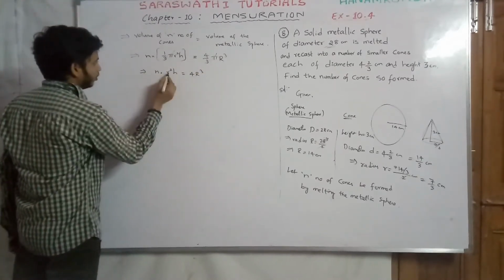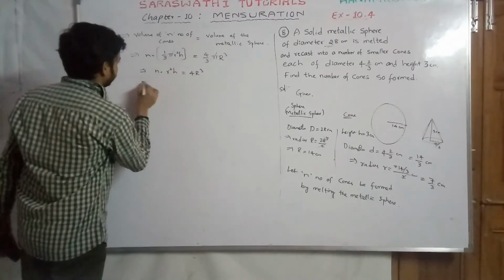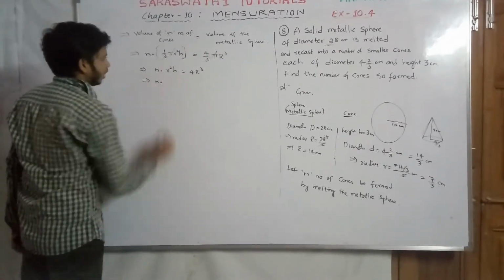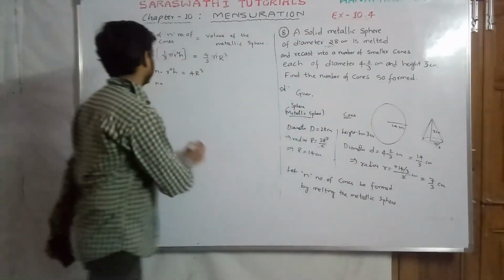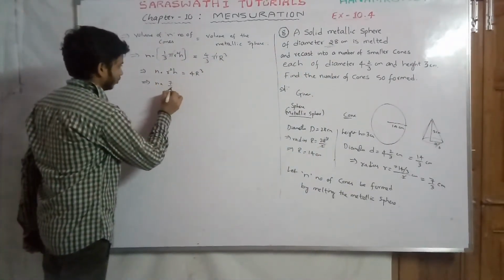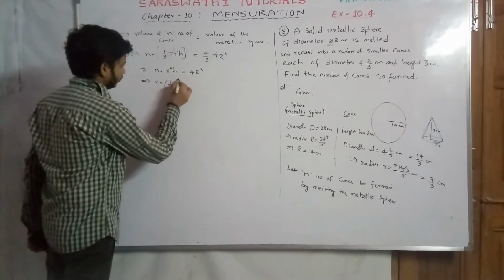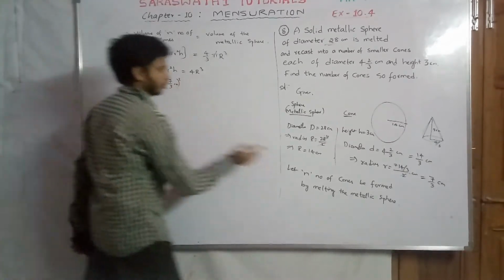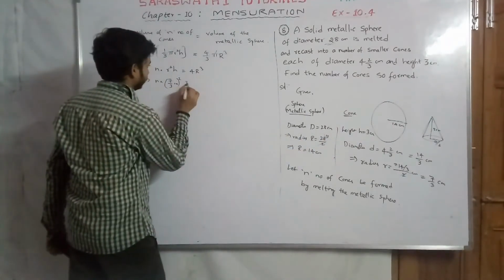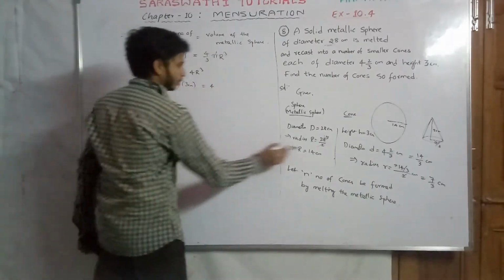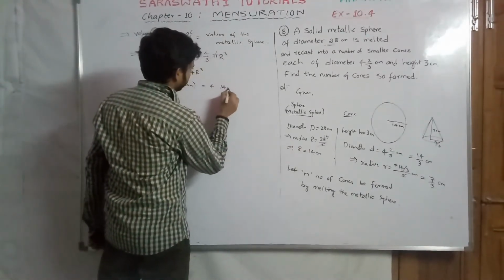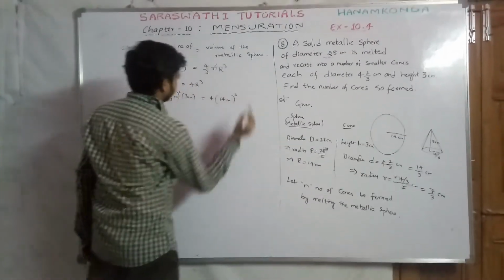Substitute the values of r and h. So n into (7/3 centimeters) whole square into the small h value, 3 centimeters, equals 4 into capital R cube, which is (14 centimeters) whole cube.